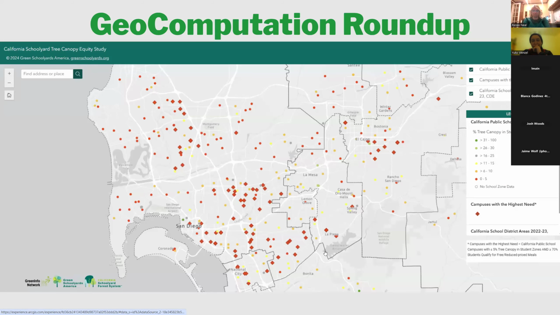So, like in San Diego here, and you can look up your area, all of the red diamonds are the schools that they've designated as schools with the highest need. That's a very vulnerable population based on socio-demographic characteristics, and then a very low percent of tree canopy, usually 2 or 3%. You can see the red dots are 0 to 5. So these schools that get the diamond are at least in that 0 to 5 category, and then with exacerbating characteristics in the school population.